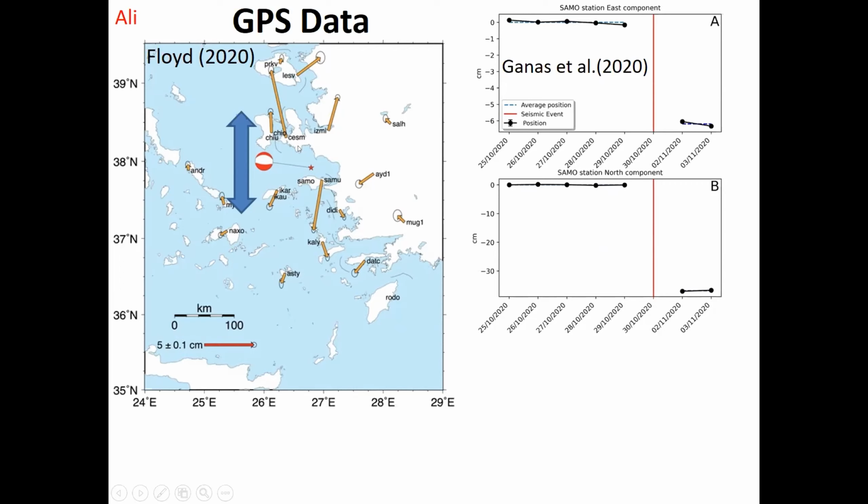And here the GPS data shows just the horizontal motion. Because of low constraint on the vertical component, no data is shown here for the vertical motion.